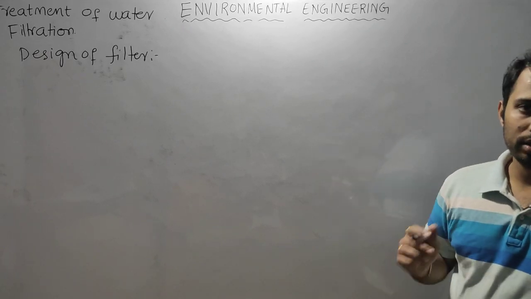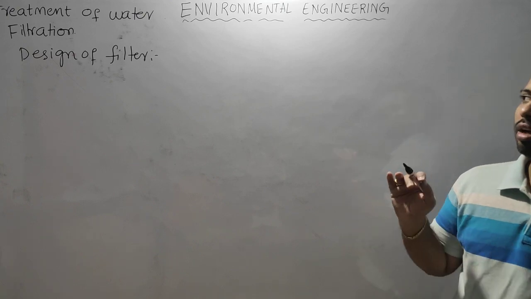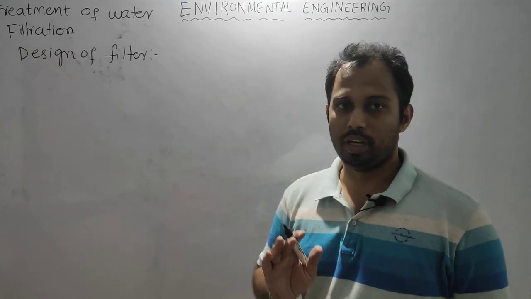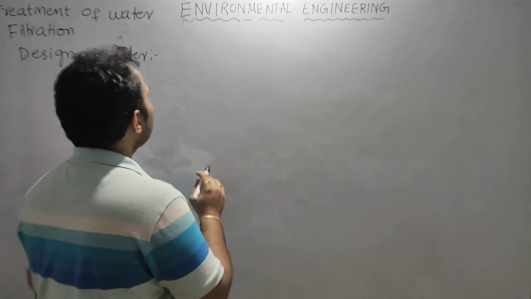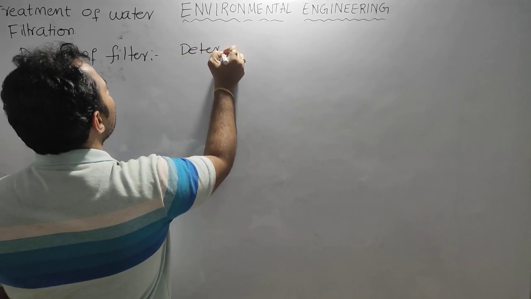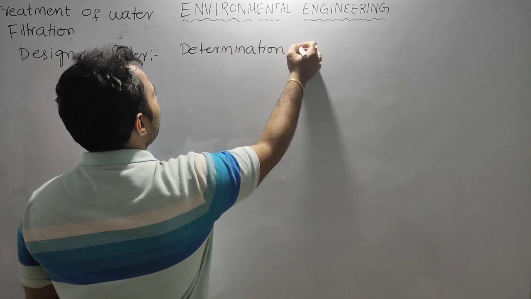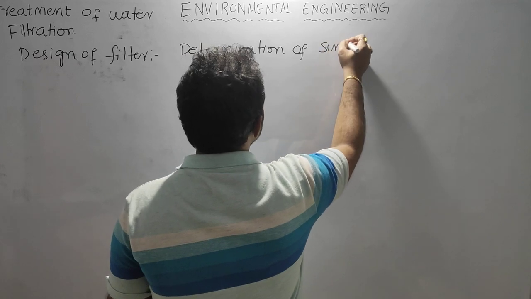In terms of height we have no control, but we have control in terms of surface area. So designing of filter is nothing but fixing the surface area. Designing of filter is nothing but determination of surface area if it is slow sand filter.